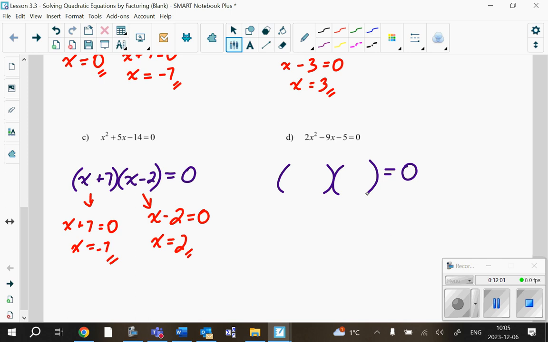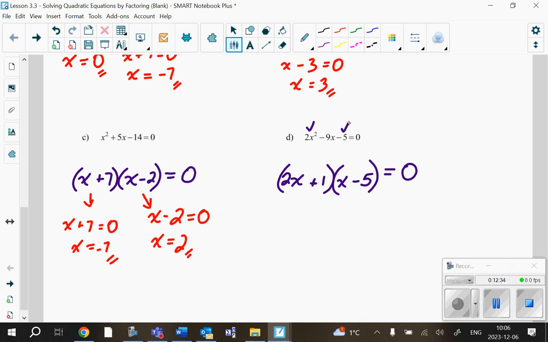So this is the one where we put in terms here that we know multiply to get 2x squared. What times what is 2x squared? Yeah, so we know it's got to be 2x and x. These will multiply to get -5. Plus 1, minus 5. So that works.